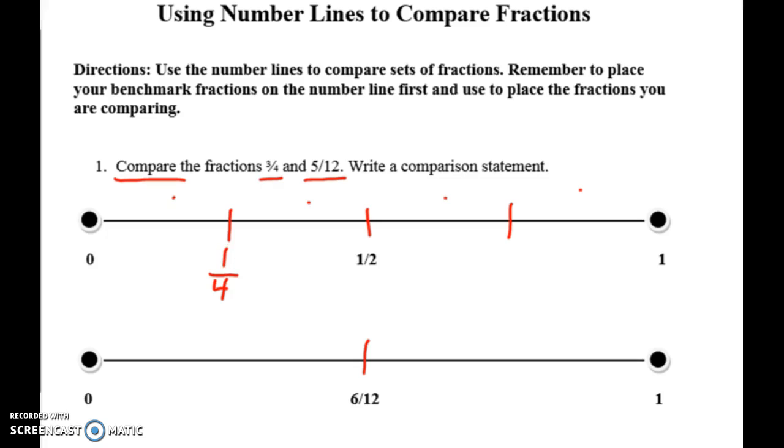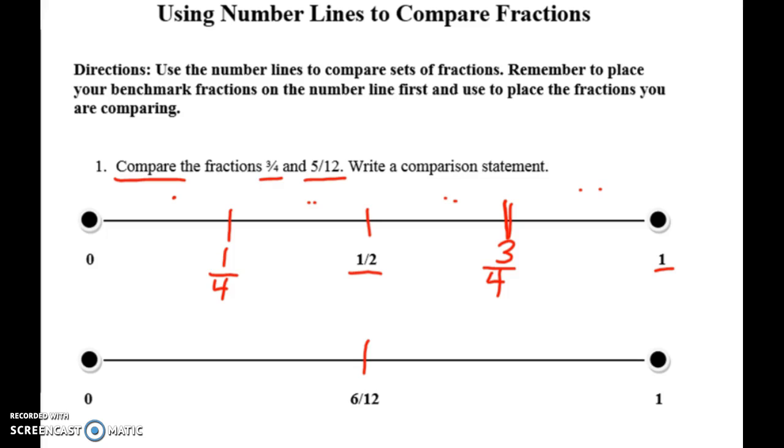Now I know my second benchmark, the one that's between 1/2 and 1. Since this is broken into 4 pieces again, 1, 2, 3, 4, this is 3/4 on my number line.